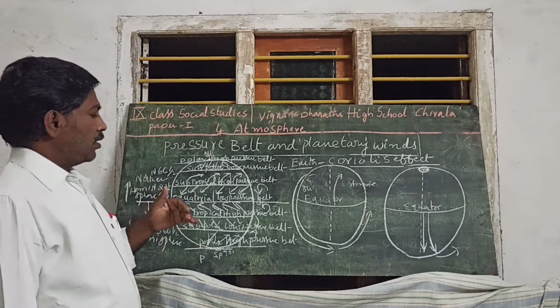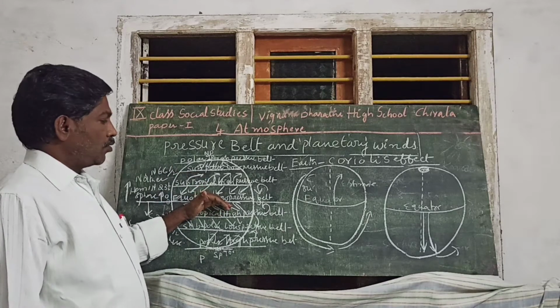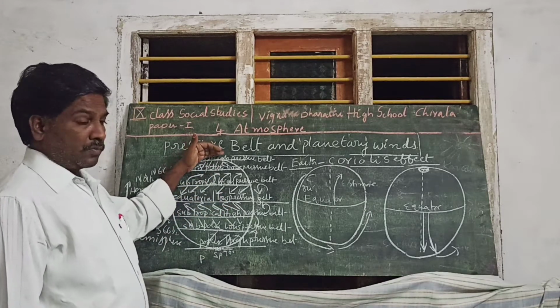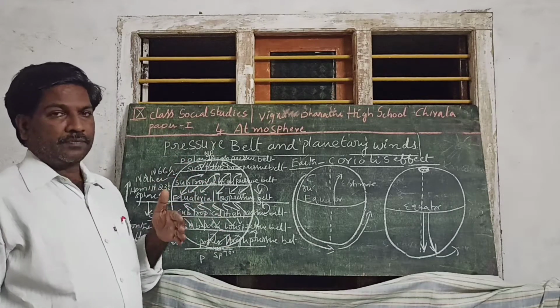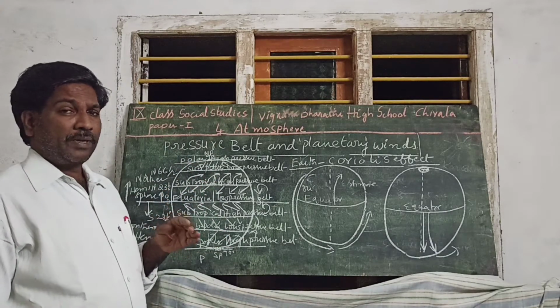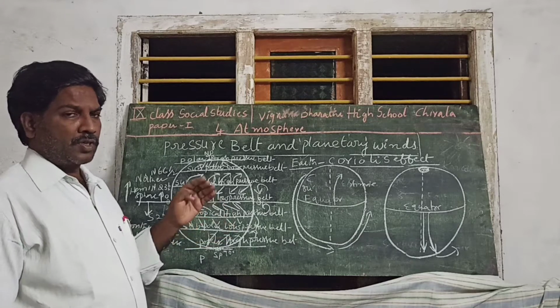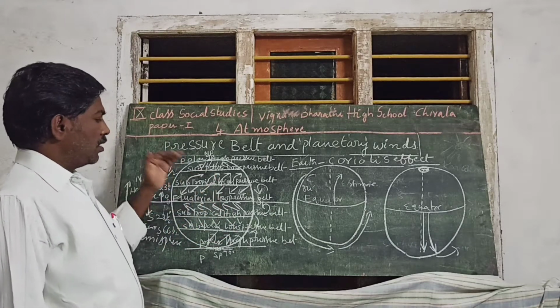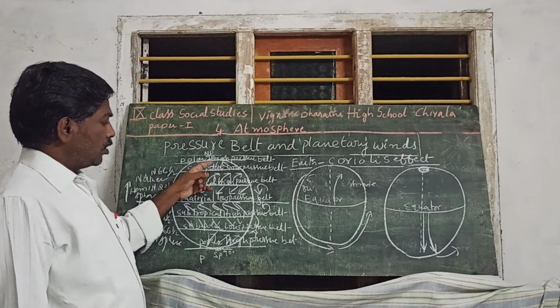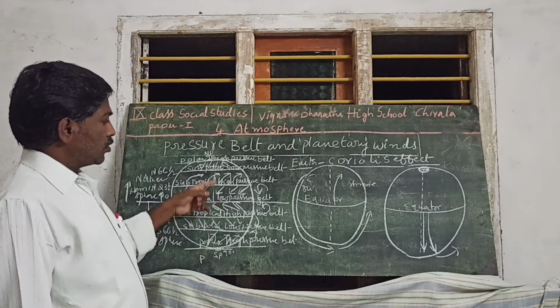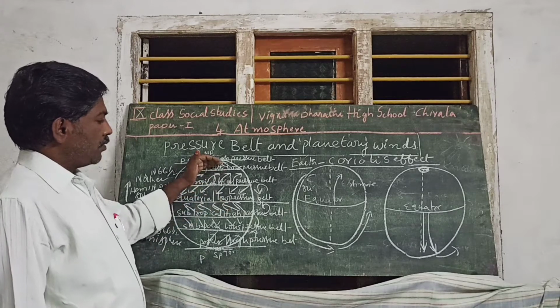Suppose from the equator you move towards the pole, whether north pole or south pole, what happens? The temperature will decrease as you go from 0 degrees towards the poles.